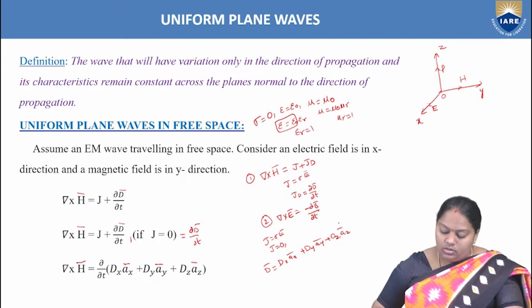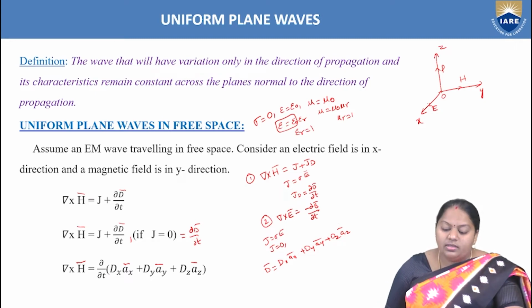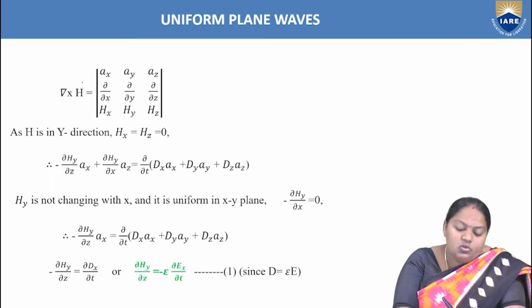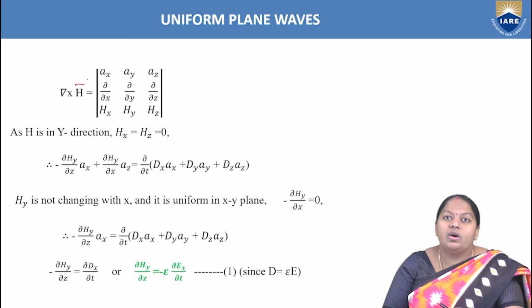So now substitute this vector form in place of D on the RHS, expressed in Cartesian form as before.